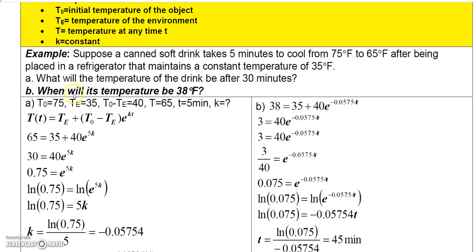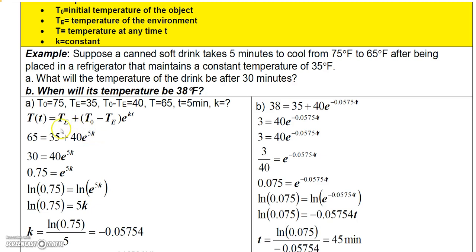So if we put all this information into the formula, we can get K, our constant, or actually rate of cooling constant in this example. So using this formula, I'll put in the temperature of 65 degrees, and I'll put the time to be 5 minutes. Now you can do this in any units of time you want as long as you're consistent. So I'm going to put the 5 here and the K to the right.